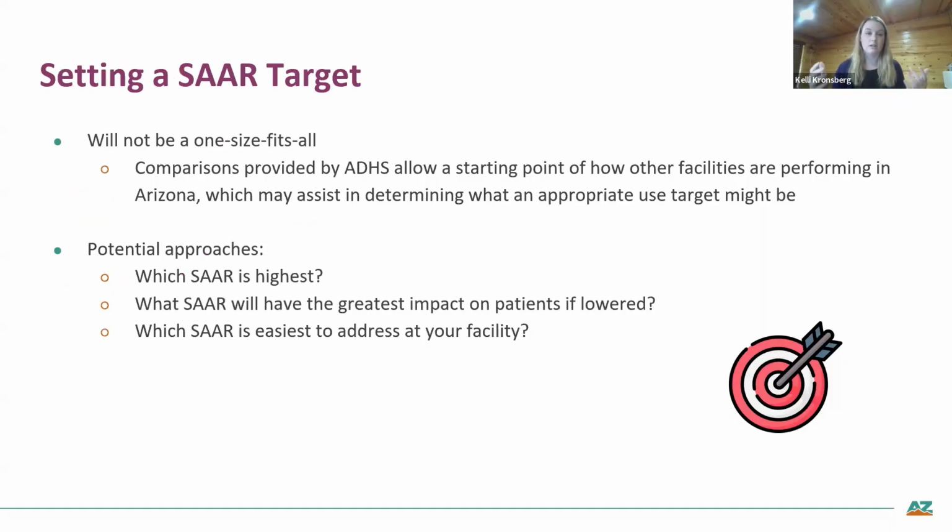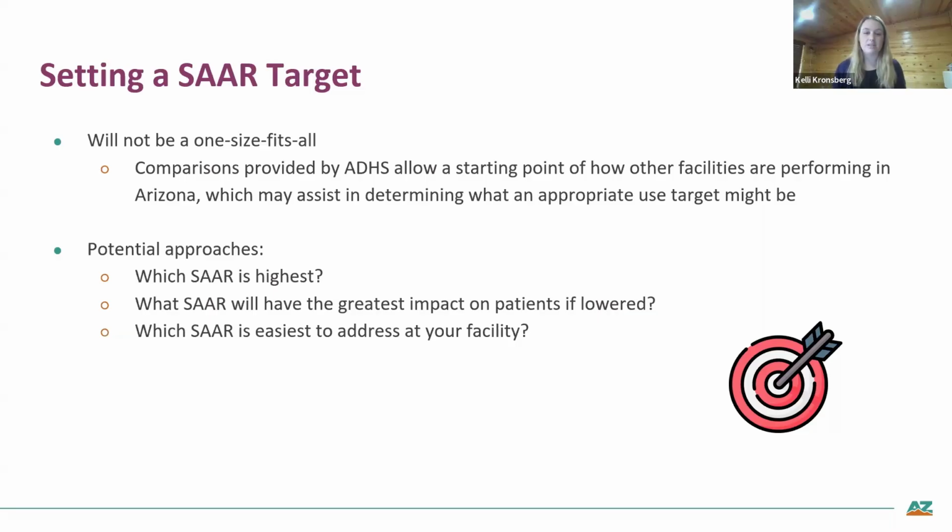In terms of setting a SAR target, this really isn't one-size-fits-all. It's going to be unique to what SARs need to be targeted in terms of outliers and your patient population. Perhaps if your antifungal SAR is high, then that antifungal use is warranted here in the land of Cocci, right?